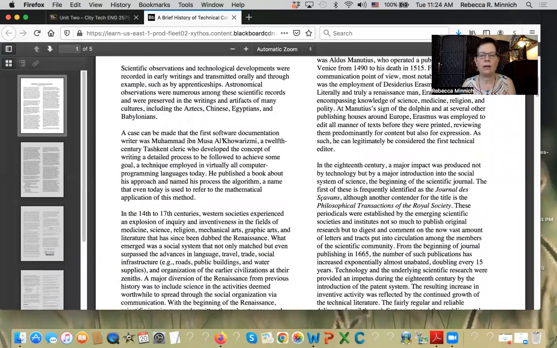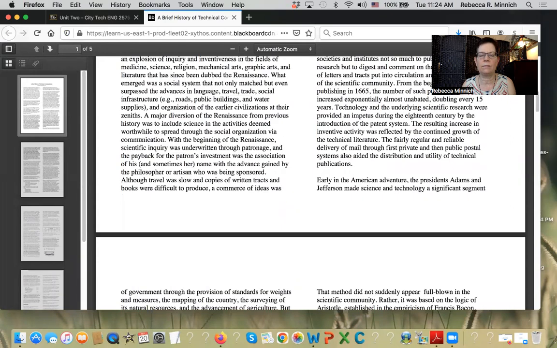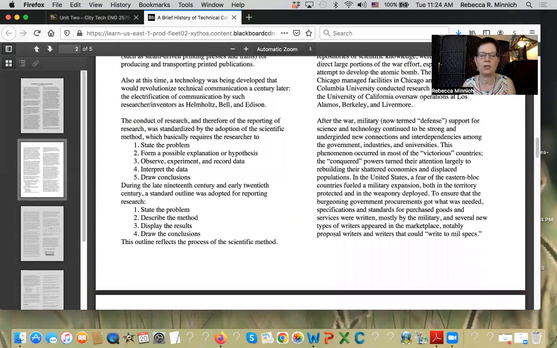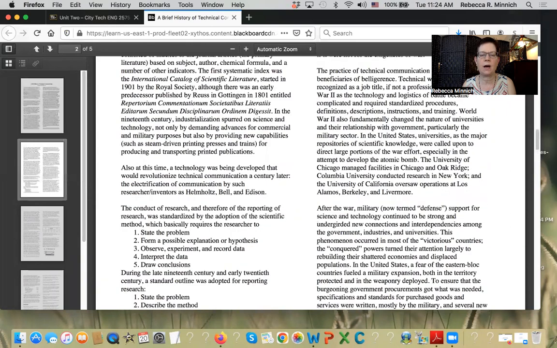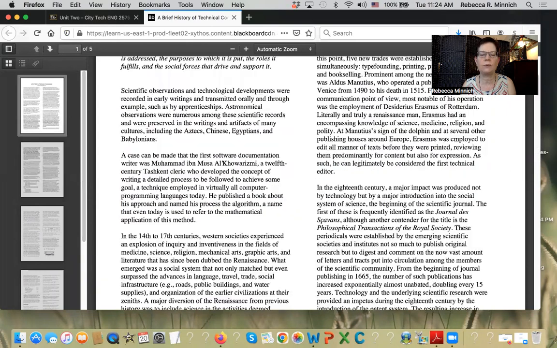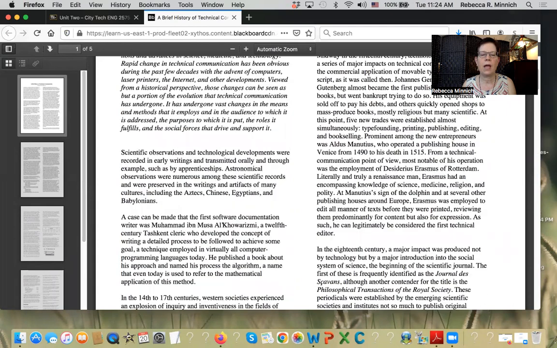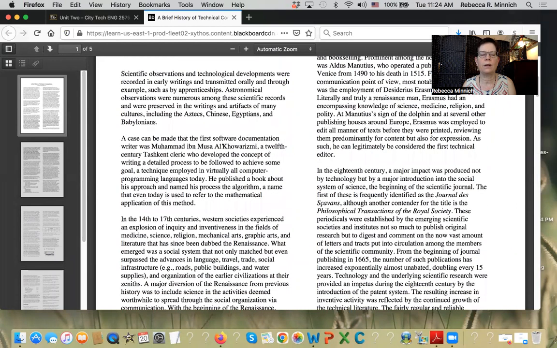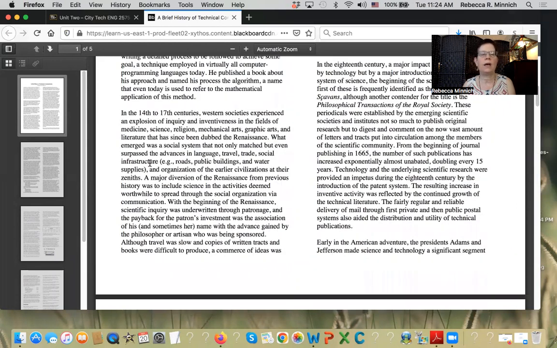So he covers several centuries of technical communication in 5 short pages, but he has a couple of milestones that he covers. And 2 of those milestones are choices that you have to write about for this exercise. The first one is the development of the algorithm, okay?